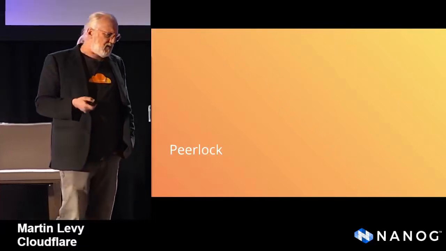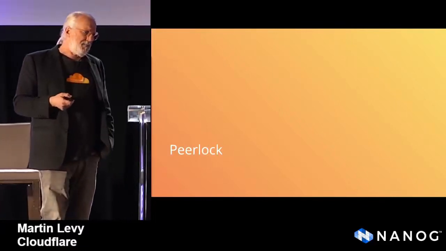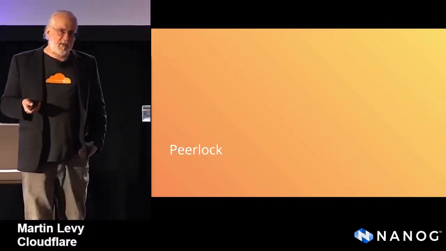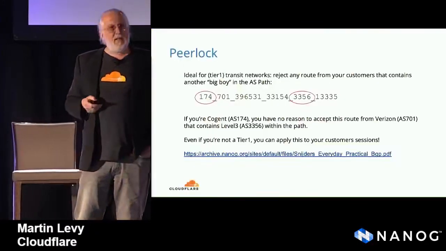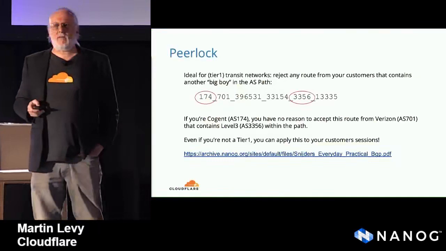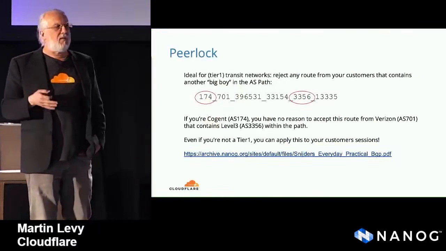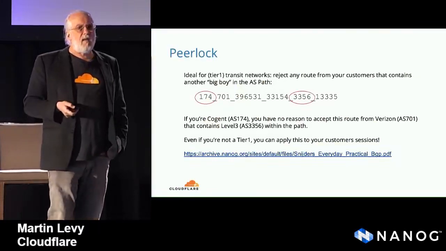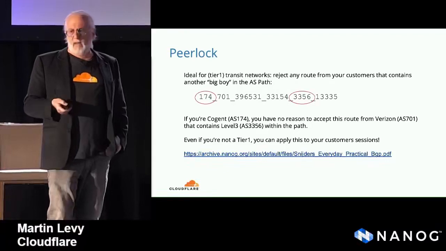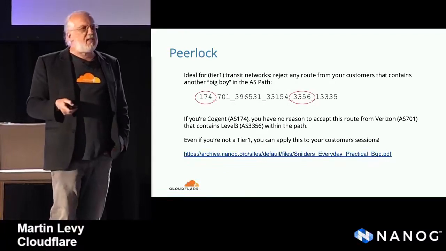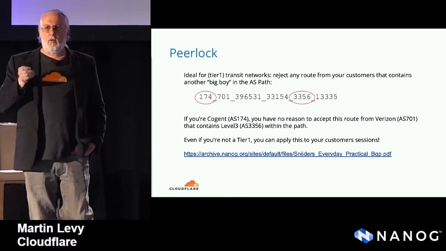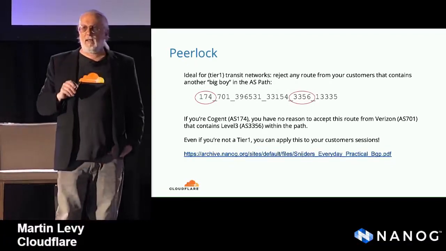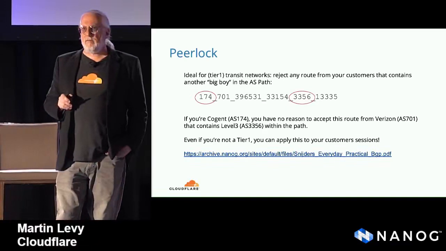I'm going to talk about something else very quickly. There are, quite frankly, much better talks about peer lock out there. But very quickly, this was the AS path that was in the particular leaked time. And during that leaked path, there are two ASs in this path that clearly should not exist.